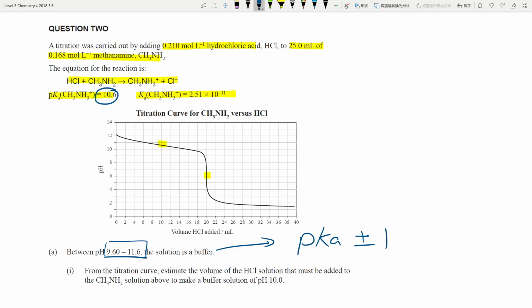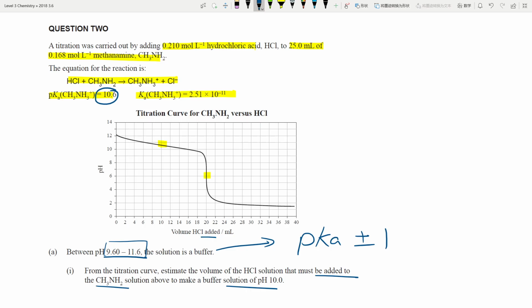Now, from the titration curve, estimate the volume of HCl solution that must be added to CH3NH2 to make a buffer solution of pH 10.0. This is a rather simple question.